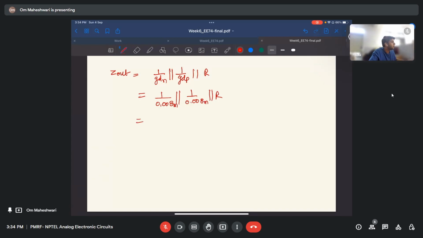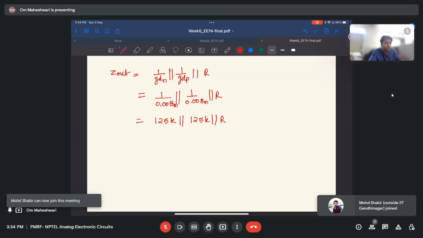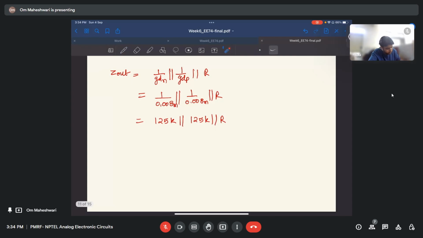So we solve this, it will be 125 kilo parallel with 125 kilo parallel with R. So the parallel of these two will be half of these, right? R parallel R is R by 2.